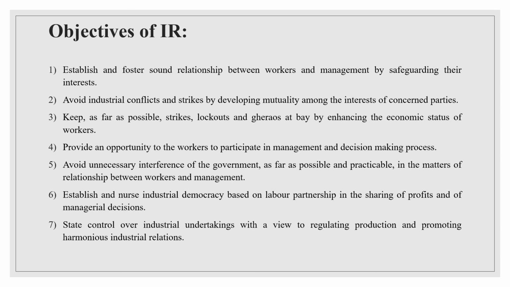Next one, also the last point, says that the state control over the industrial undertakings is with a view to regulating the production and promoting harmonious industrial relations. So it's a vice versa process. If you have a good production process, you will promote harmonious relations.